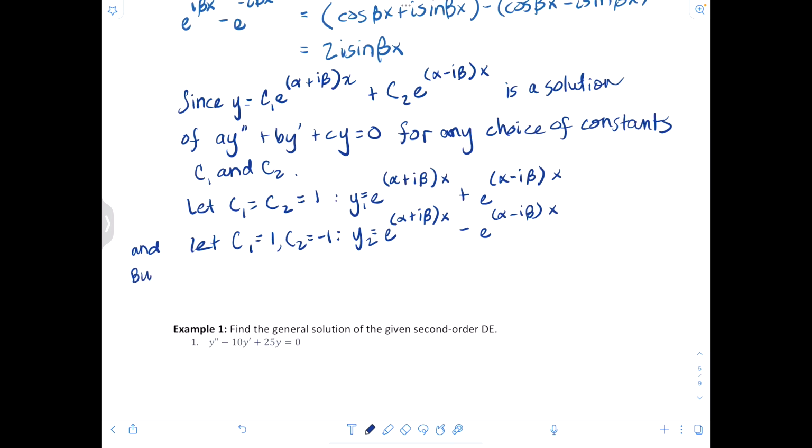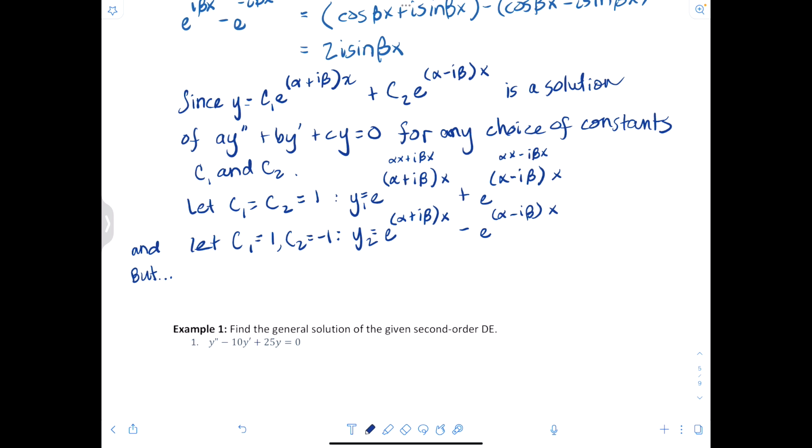But let's check this out. We have our expression for y1. Now, notice that if I multiplied x through, I would have alpha x plus i beta x. So that would be e to the alpha x times e to the i beta x. And similarly here, we'd have alpha x minus i beta x if I distributed the x through.